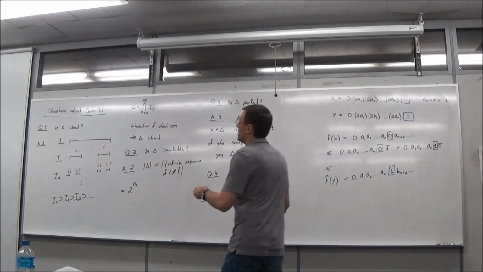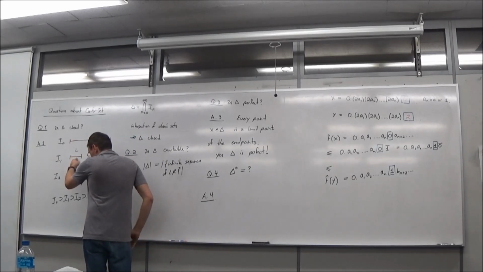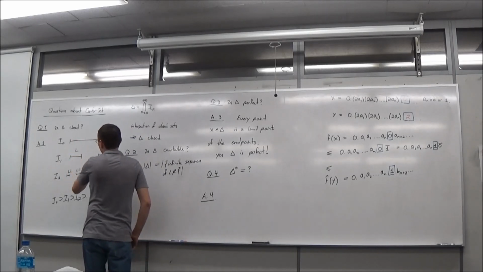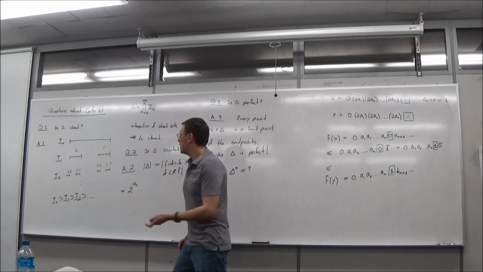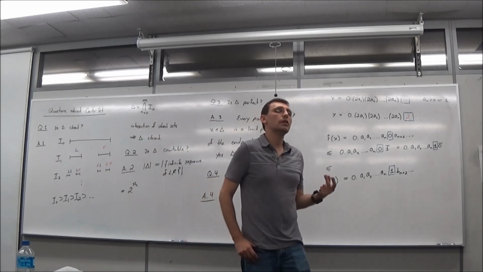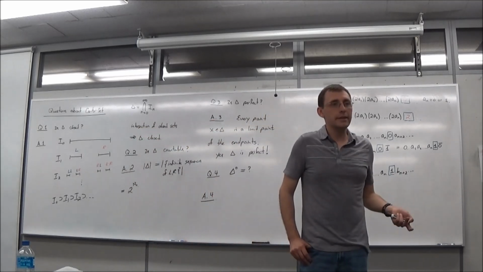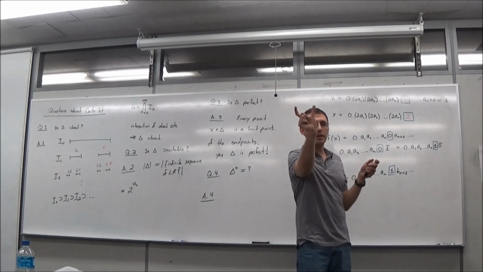So the biggest interval here has diameter 1. The biggest interval I can find anywhere in here has diameter at most 1/3. In the next stage, the diameter is at most 1/9, and so on. Do you see? So could an interval survive?